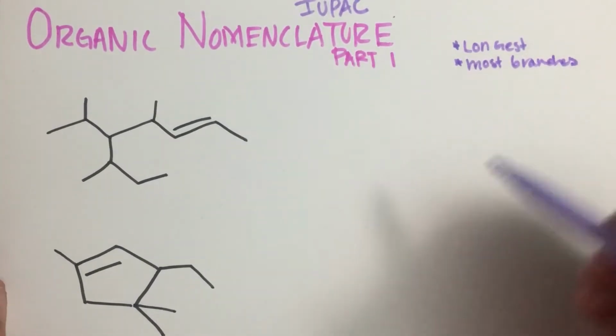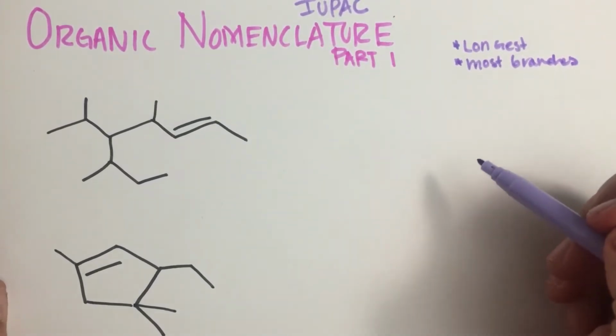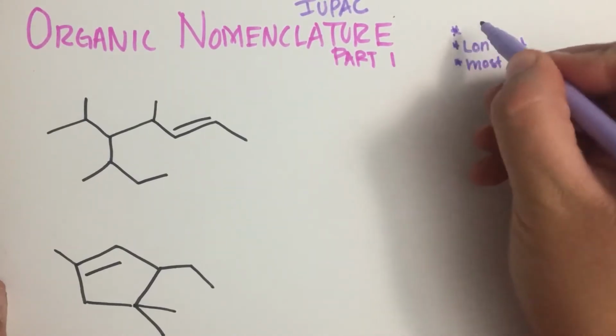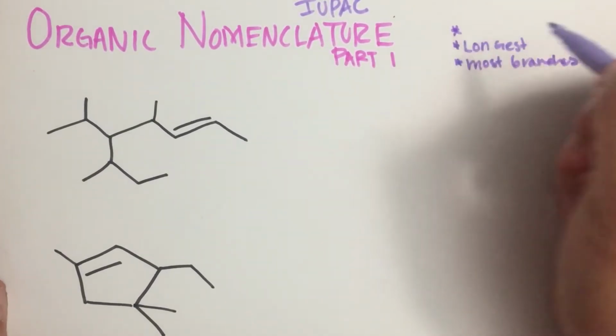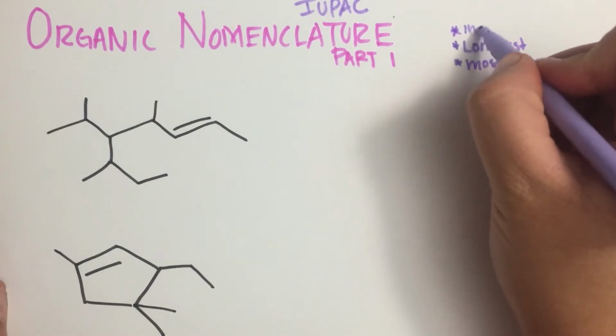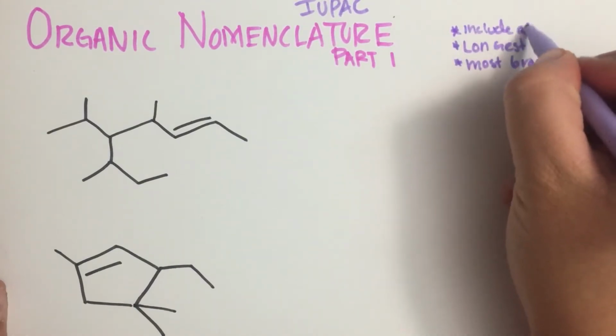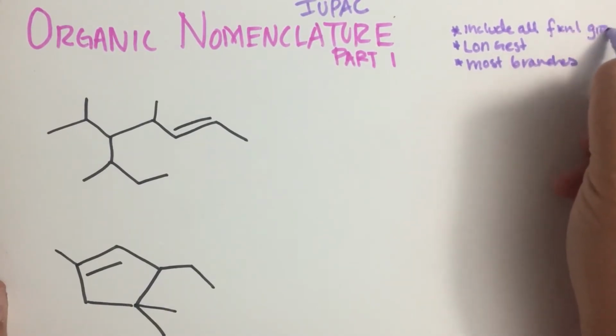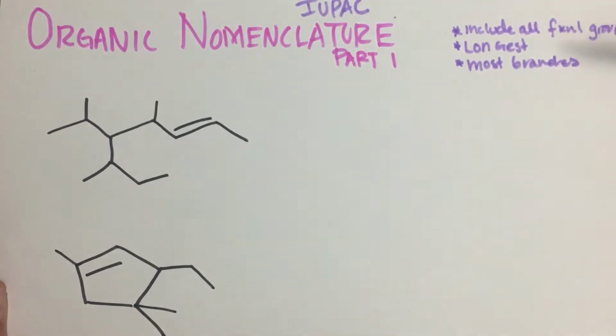Okay, so far those are going to be our conditions. So in that longest chain, we must include as many functional groups as we can. Okay, so include all your functional groups. Okay, so the most important part will be to include all your functional groups. The second most important will be for it to be the longest, and the third is for it to have the most branches.